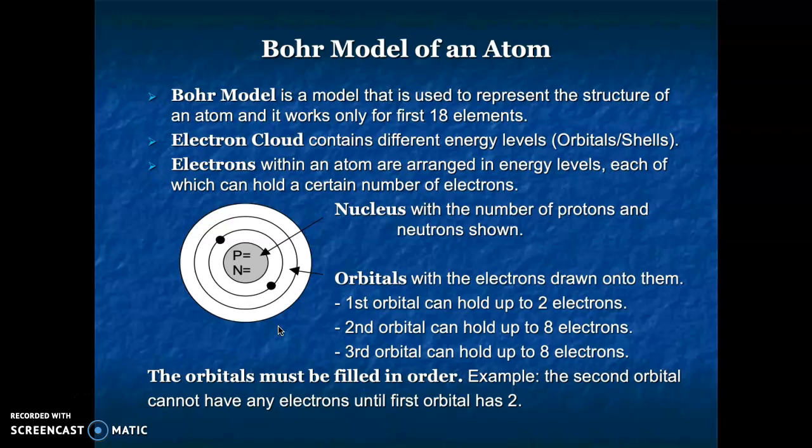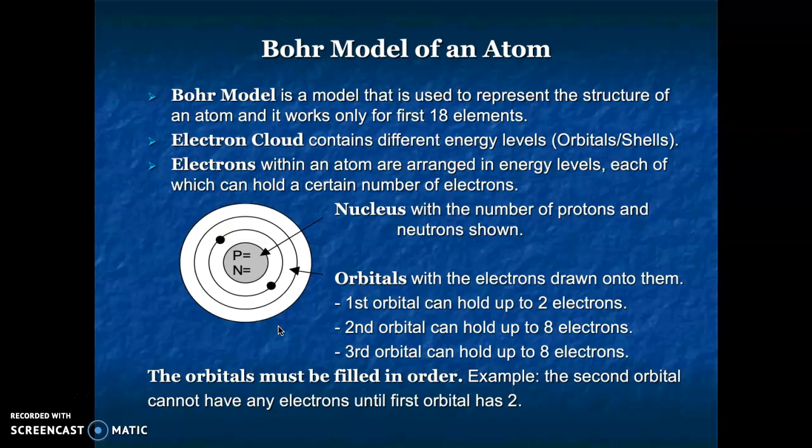And our last rule for making a diagram of a Bohr model is that you have to fill the orbitals in order. In other words, start with the first energy level, then go to the second, then go to the third. So you can't start putting electrons in the second energy level until you've filled up the first energy level with its 2 electrons.